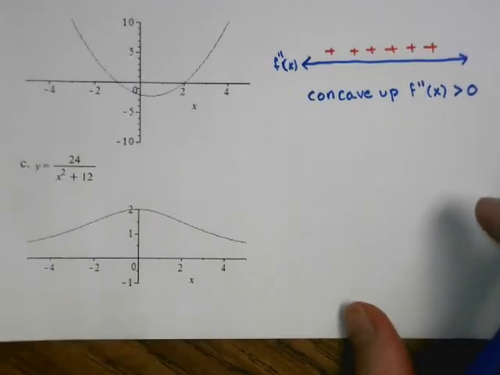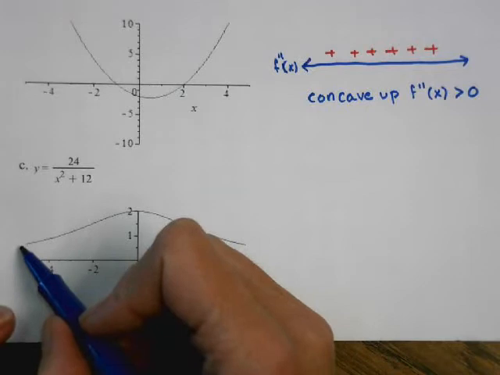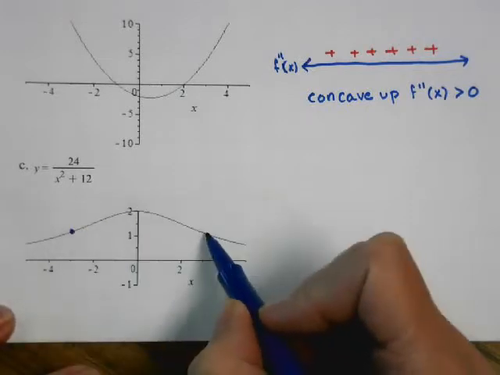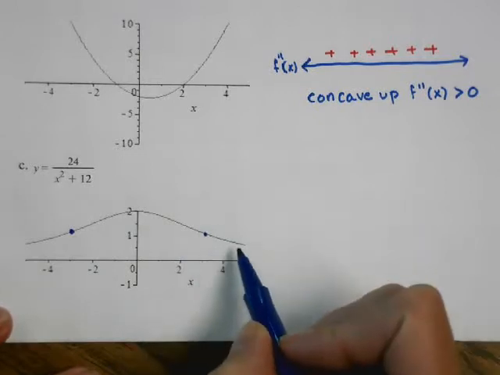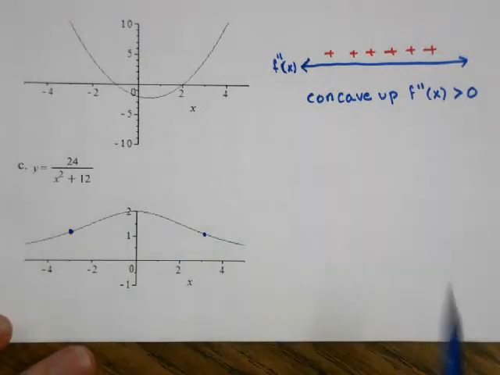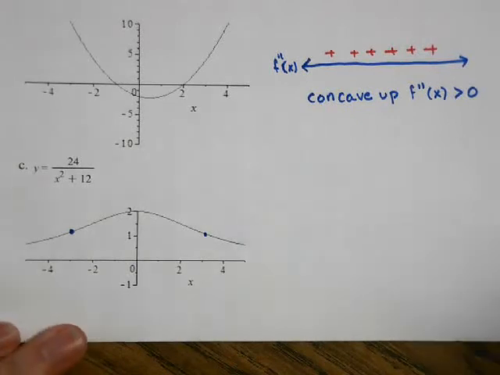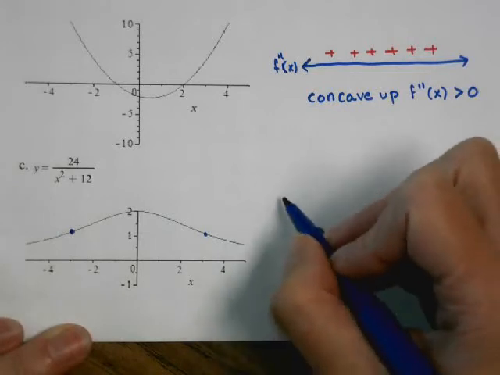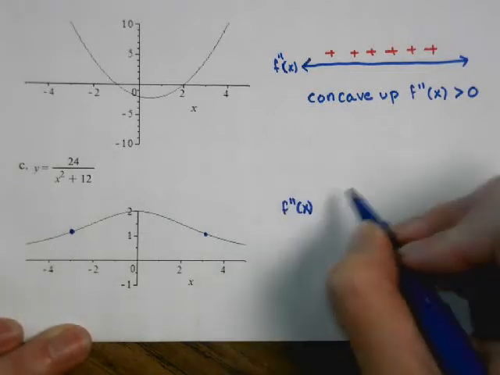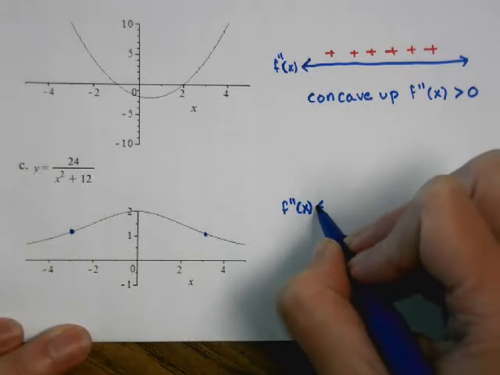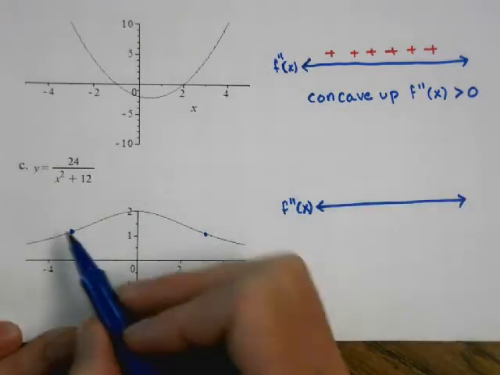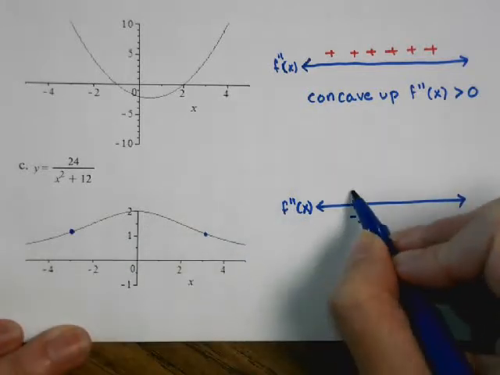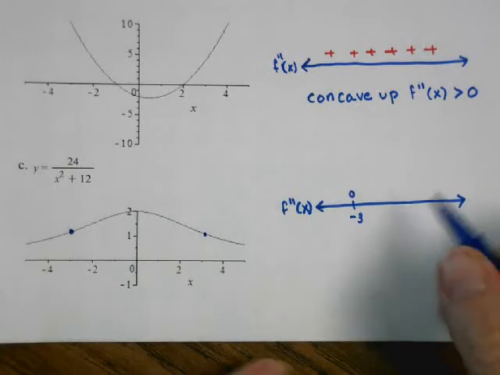Here, from the graph, this is slightly concave up to about here, then it's concave down to about here, then it has a slight increase again. So this one at -3, my second derivative would be 0.